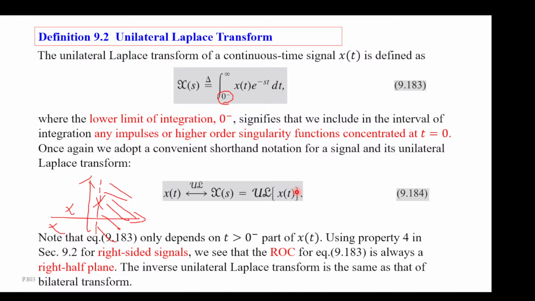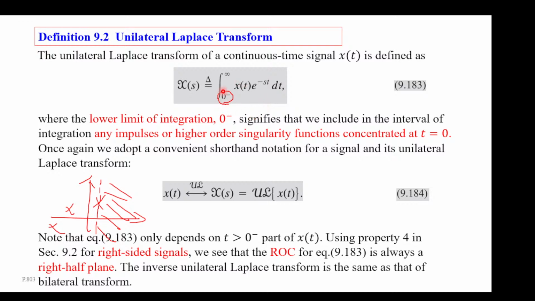Okay. The unilateral Laplace transforms are nice for solving differential equations, and they are also very different from the Laplace transform. I guess we lose a lot of information, because first of all you start at t equals 0 minus, so obviously you lose a lot of information about x(t).